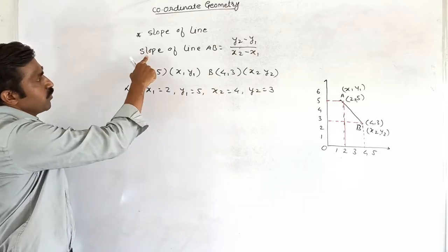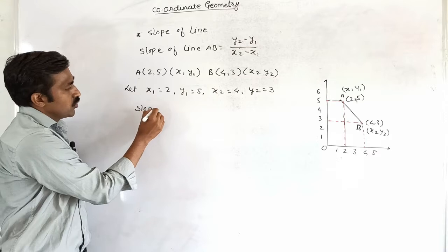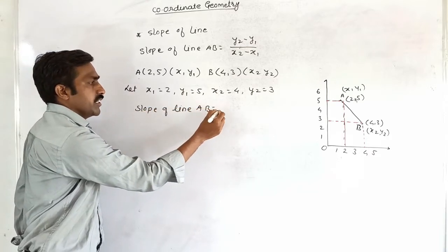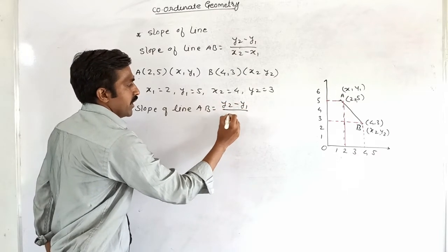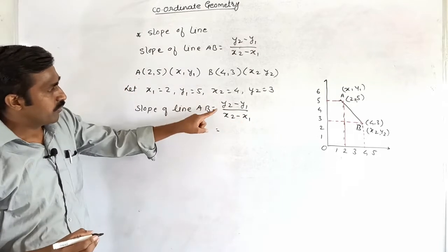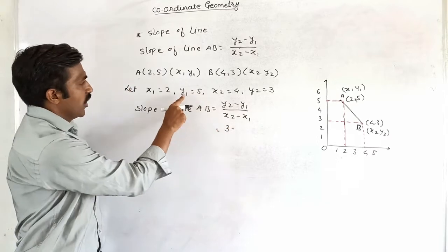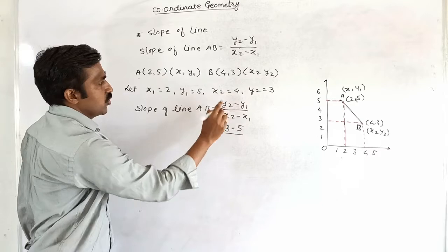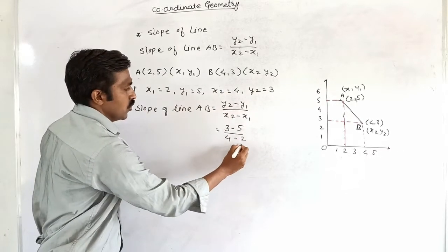Now using this formula, the slope of line AB is equal to (y2 minus y1) divided by (x2 minus x1). Now put here the value of y2, 3, minus the value of y1, 5, divided by the value of x2, 4, minus the value of x1, 2.